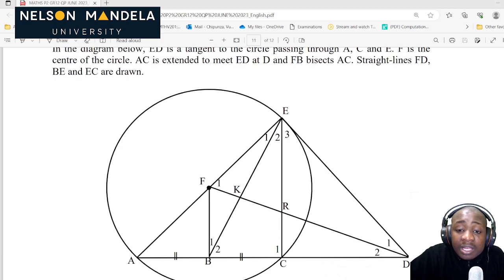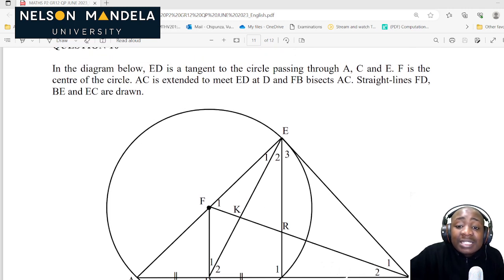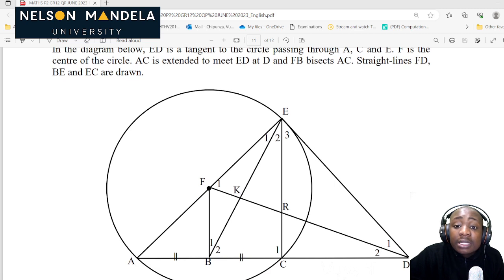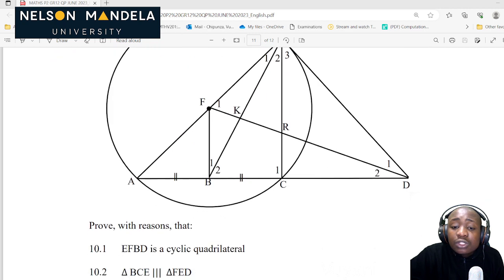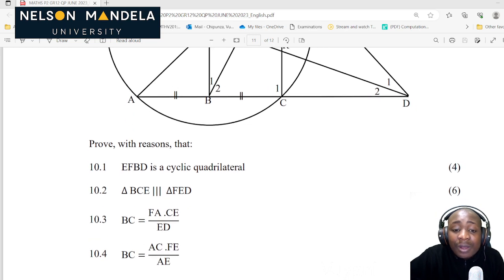Where is F? Yeah, there is F. We can actually see that EF will be equal to AF. Then AC is extended to meet ED at D, and FB bisects AC. Okay, straight lines FD, BE, EC are drawn as well. All right, now prove with reason that EFBD is a cyclic quadrilateral.